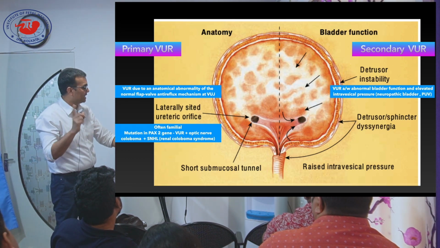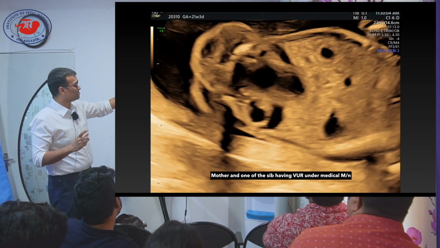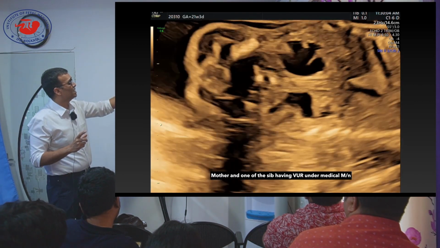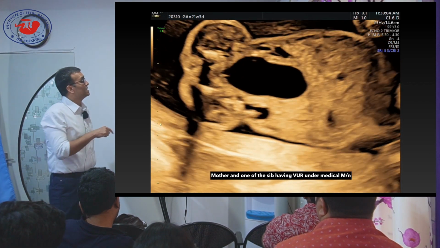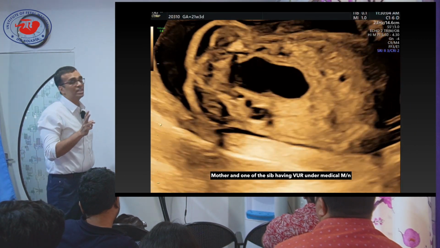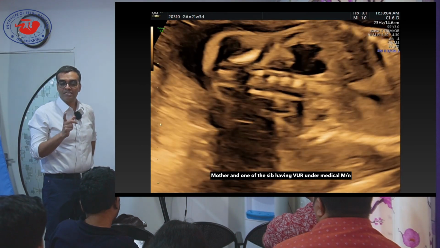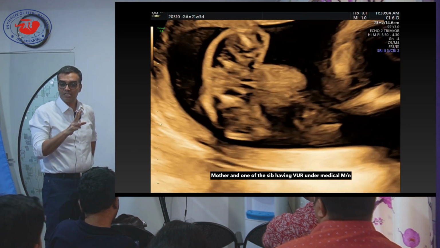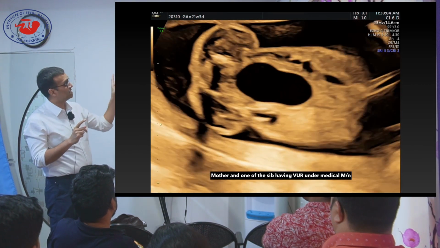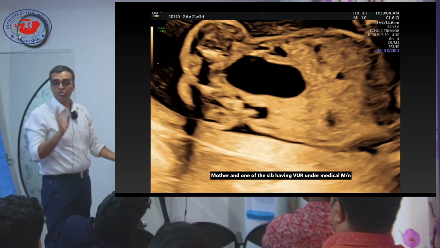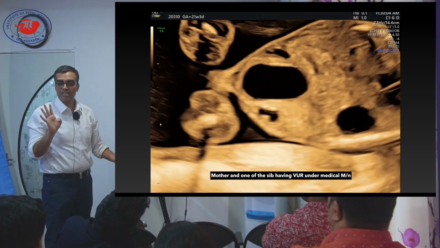But if you see a case, like I'll show you, this case at 21 weeks 3 days, can you see the ureter dilated, kidney dilated? Now this mother herself had twice undergone ureteric reimplantation surgery because of reflux. And one of her first children also had VUR, diagnosed on MCU, micturating cystourethrography, and she is on antibiotic prophylaxis.